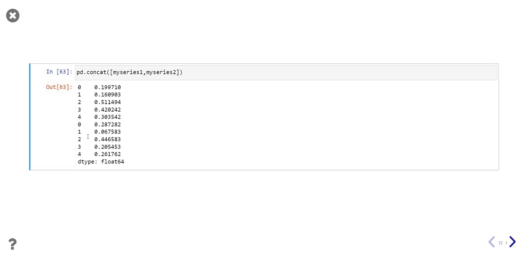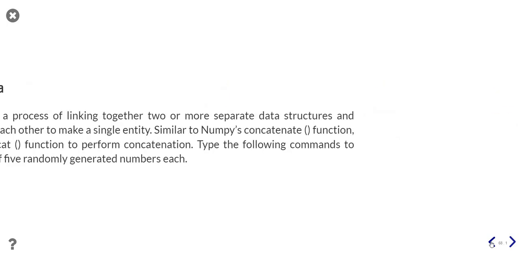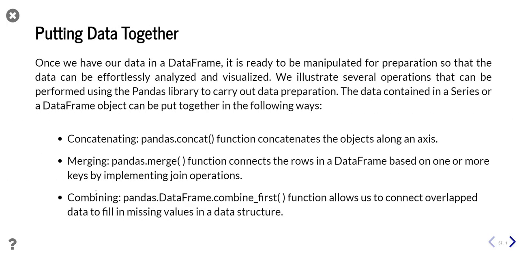But this will not be the case when we're using the combining, which we saw just now. You'll see the difference. Concatenate doesn't matter whether the index is the same or different, you'll just take and join. But combine will actually allow you to connect and overlap, and it will use the index.